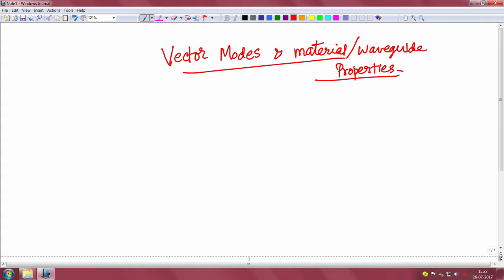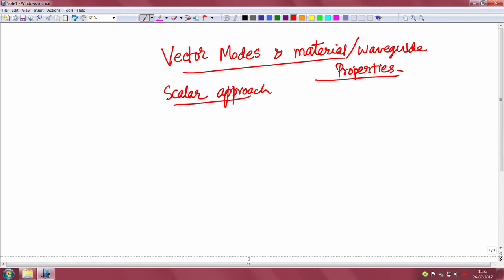When we started the optical waveguide theory, we considered scalar modes. We wanted to quickly get into the properties of optical waveguides, so we took a scalar approach to simplify the mathematical complexity.